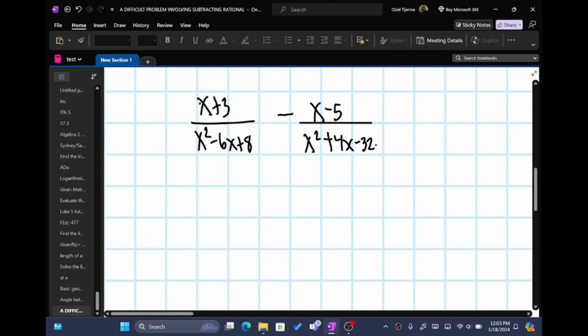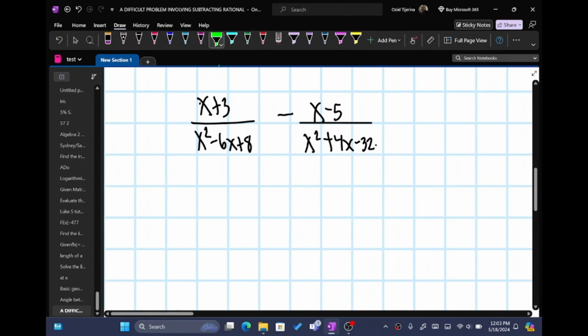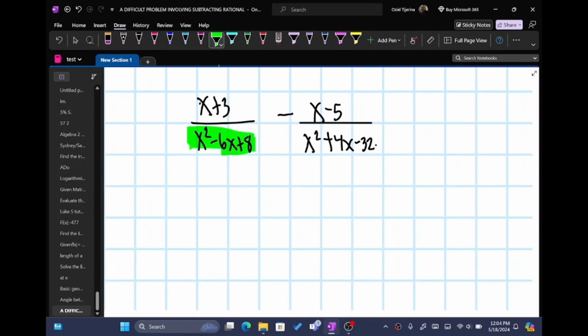Now, the very first thing that I want to emphasize, we are going to factor this one as well as this one. And like I said, I'm not really going to go so much into it. This one is going to factor as x minus 4 times x minus 2. I don't want to make this about factoring.